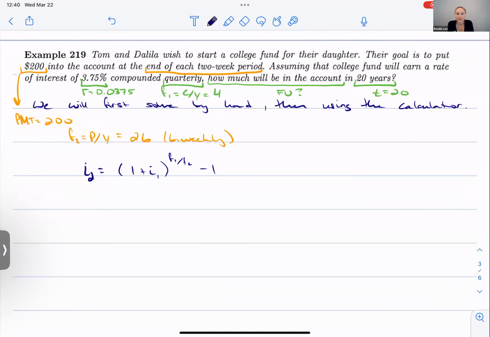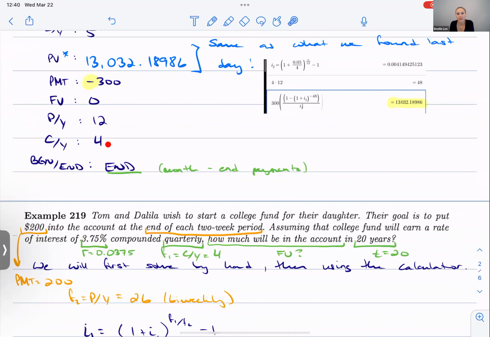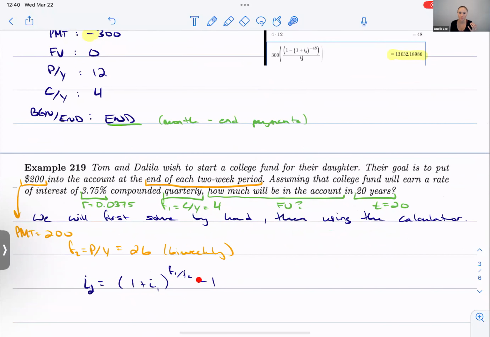What's really nice is by entering the payments per year and the compoundings per year, the calculator recognizes that these are not the same. So internally, it already calculates I2 for you, right? And then uses that. So by telling it that, hey, these are different, it makes that adjustment, right?